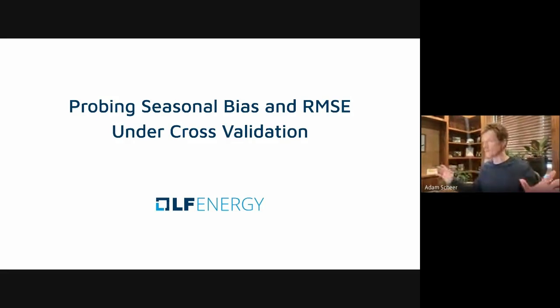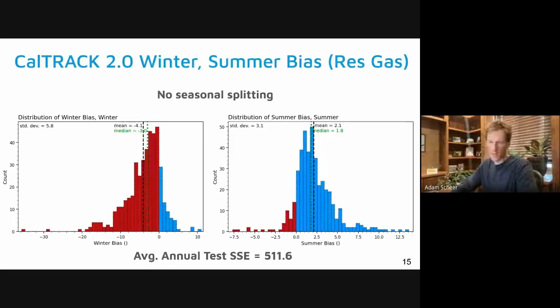So distributions aren't perfectly smooth, but on the left-hand graph, we're looking at winter bias. And this is just a distribution of individual meters and the degree to which the winter model was biased. So if there's a data point at -10, then that's telling us that across the entire winter, there is a -10 therms bias in the model.